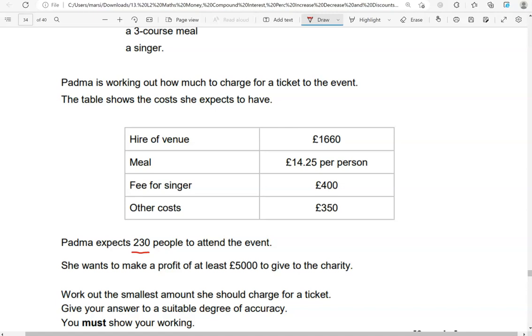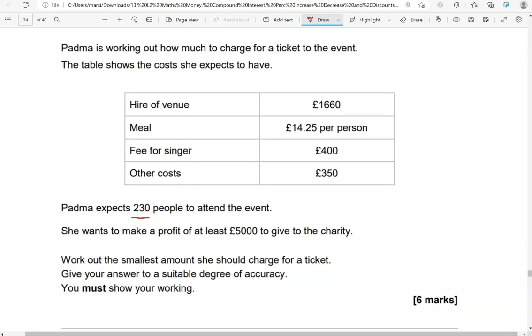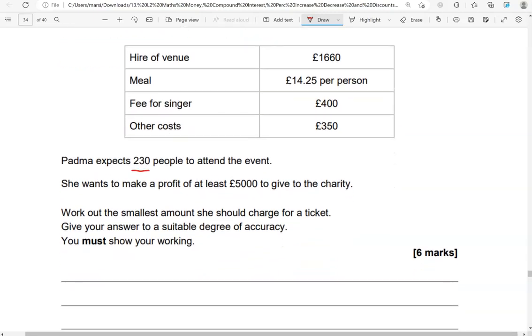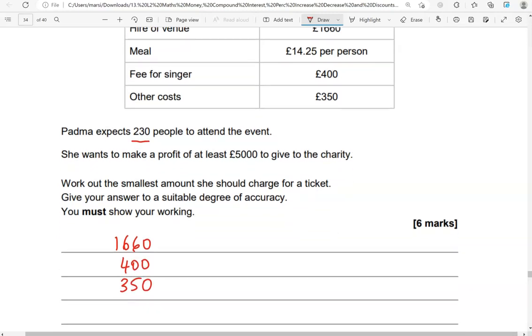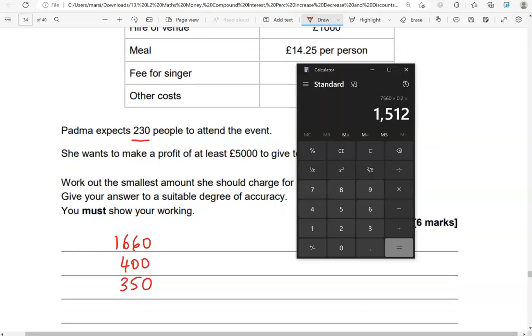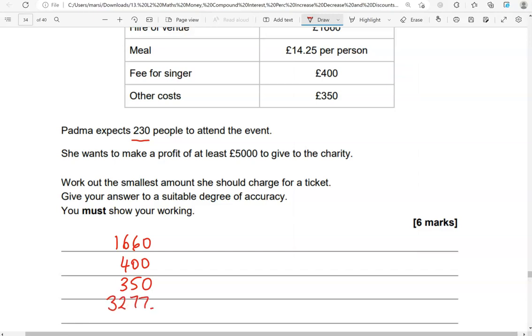So we've got these costs. So £1,660. Add 400 and 350. And also £14.25 per person, and she expects 230 people, so that is 3,277 pounds 50.